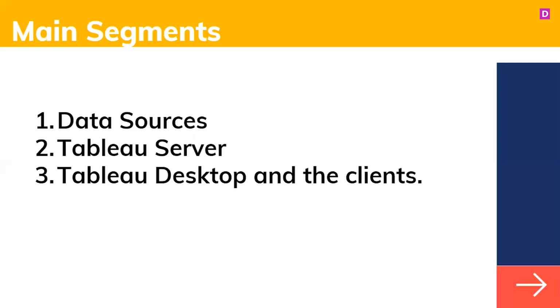Once the data has been received, it needs to be processed or converted to a form which can be given to other users so that some kind of decisions could be made. That's where the role of your Tableau Server and Desktop comes into play. And also you have clients. So these are the three major segments which take up a role in the Tableau architecture.